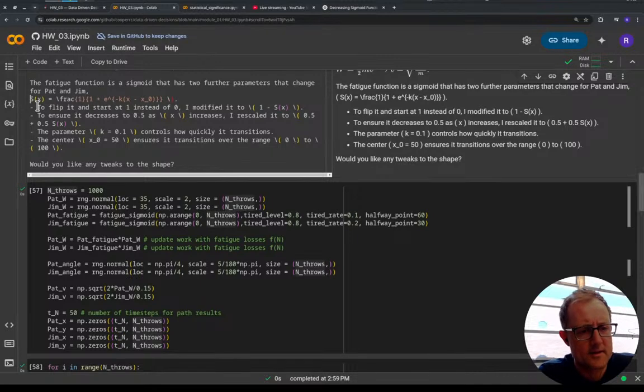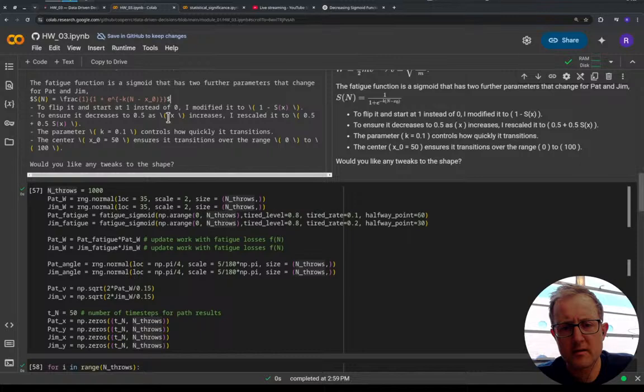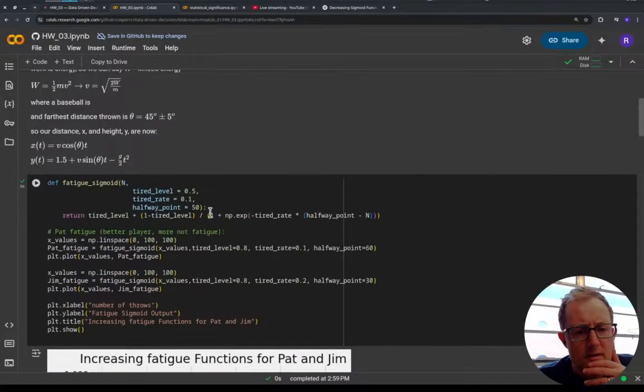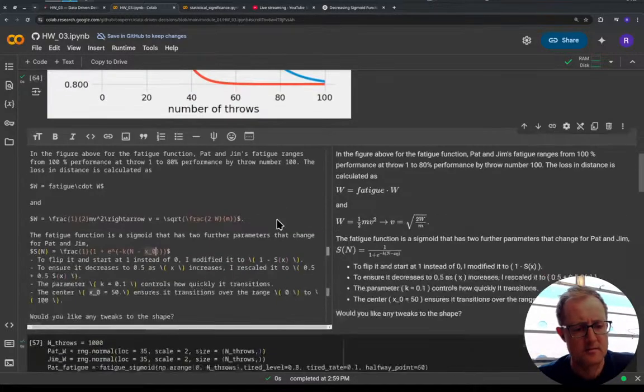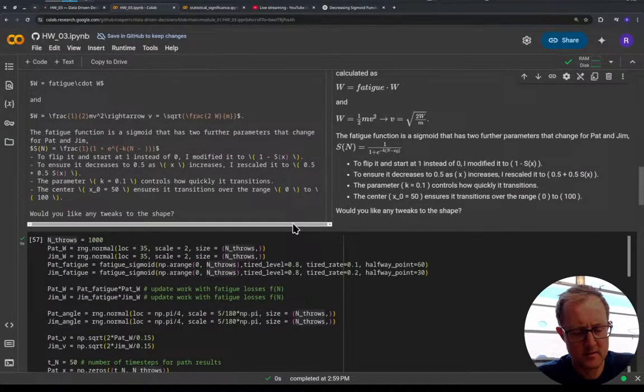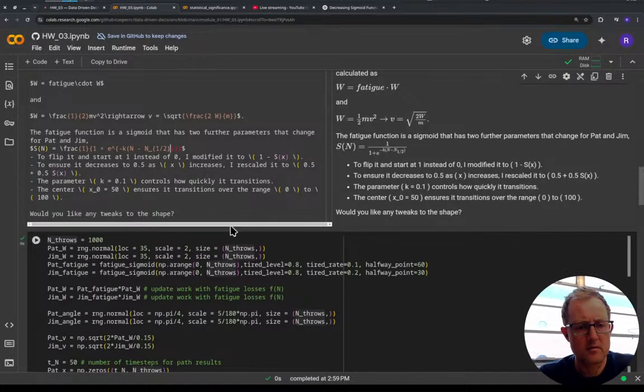Delete all this, and I just want, how does that look? And k minus x0. What's that one? The halfway point. So I'm going to call it n1/2. And delete that.